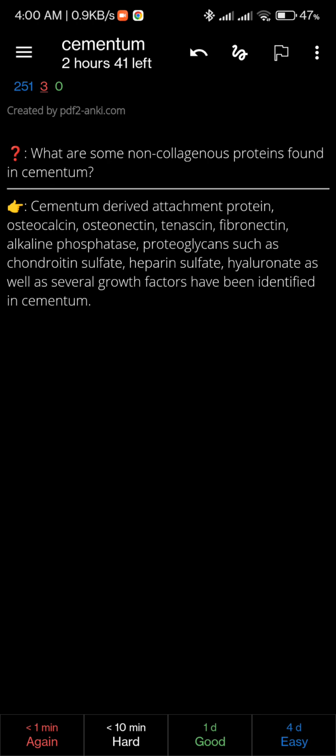Several growth factors have been identified in cementum. Also, we have tenascin.